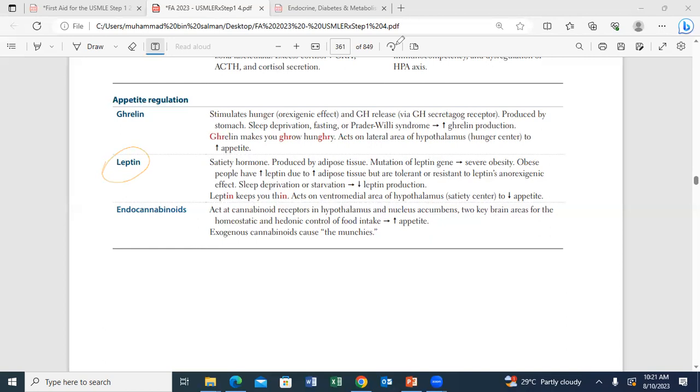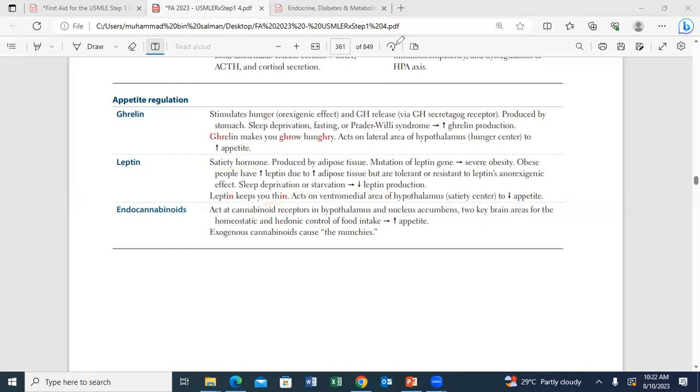Basically, obese people develop a resistance to leptin. Although leptin is being produced and does have a function of decreasing appetite, they develop a resistance to leptin. Despite having leptin, they still have an appetite. So leptin is basically responsible for decreasing your appetite. It is a satiety hormone, so it has a role in keeping you thin.